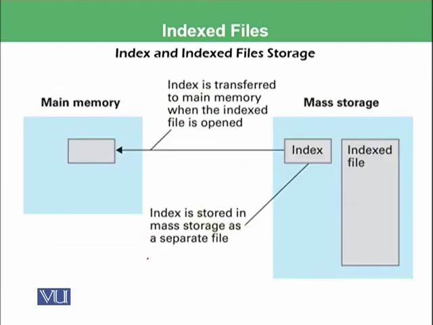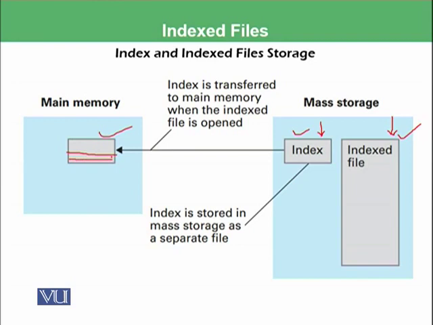So how are the index and the indexed file storage maintained? In mass storage you have the indexed file and you have the index as well. The index is the table which I showed on the previous slide. Whenever you want to retrieve from this file, first of all we need to read this index and put it into the main memory, and then main memory will tell you which record is stored where.